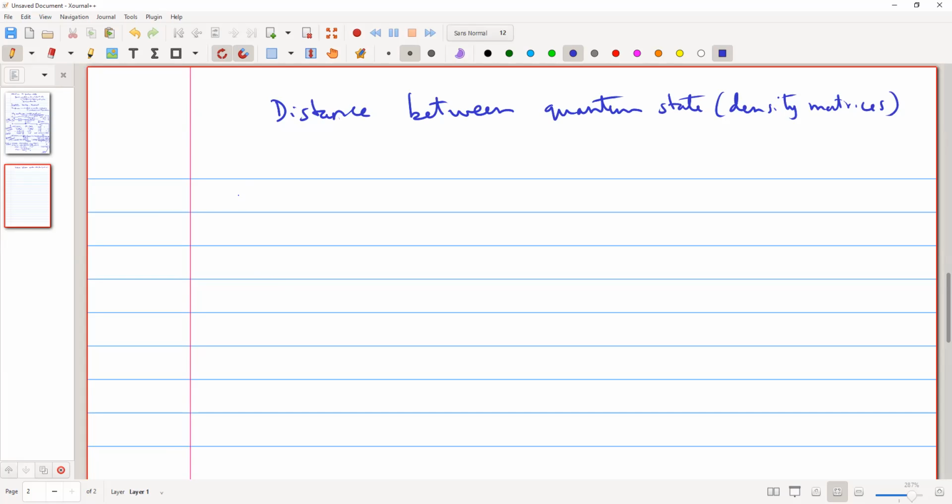Remember, classically we had a notion of distance between two probability distributions. So our favorite distance was the L1 distance. So I had probability distributions on the same space X. And remember, this was defined as the L1 norm: the sum over sample points x of |P(x) minus U(x)|.